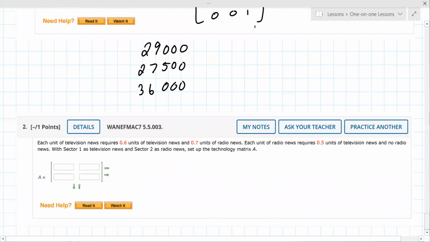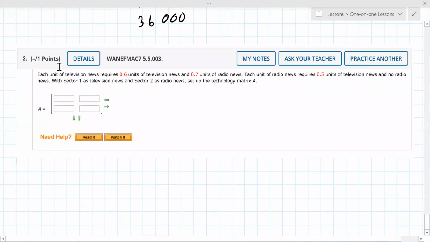Okay. So this is the other question that is in your homework, and I am not sure how they came up with it. Television units, television news, and units of radio news. Each unit of radio news, of course, radio news. So this is just a mapping. I'm just going to practice another, get the right values, and then we can look at how they're mapped into the answer here.